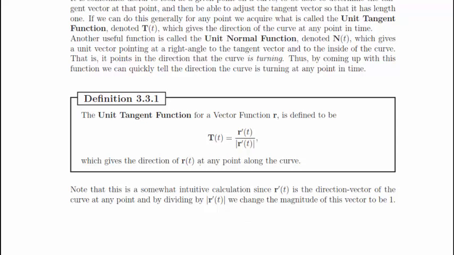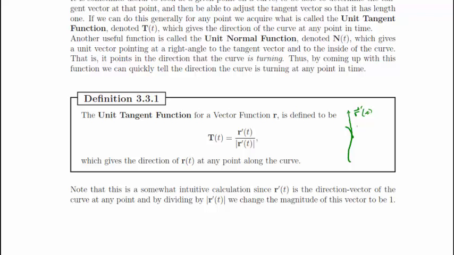So r prime of t gives us the direction that the curve is going, right? Because it's the rate of change of the vector itself. If I say I have some curve here, and at this point, here is r prime of t.